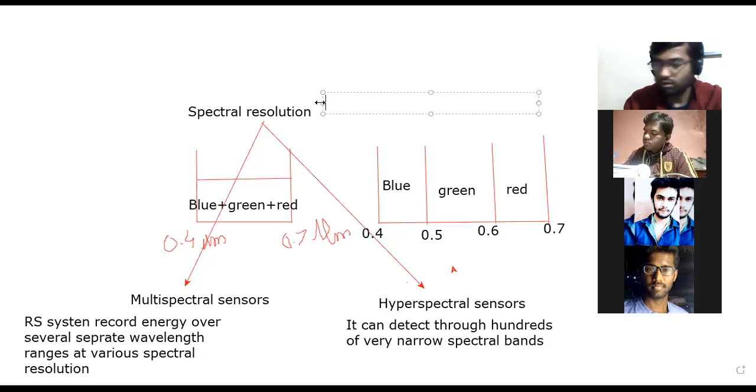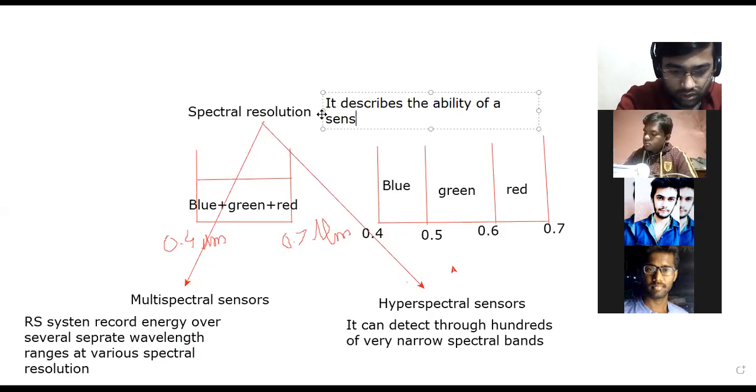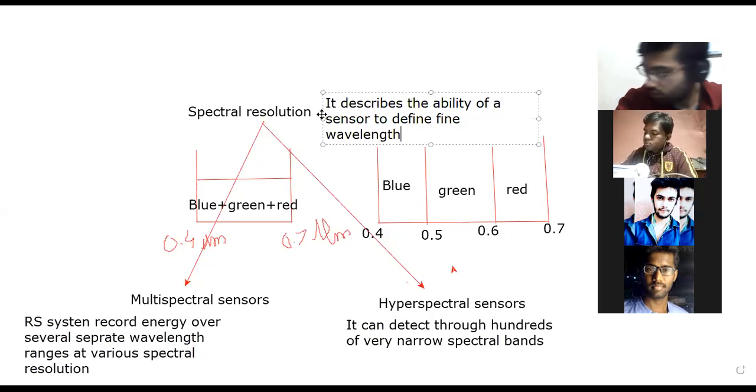Okay. Write one more line in spectral resolution. It describes the ability of a sensor to define wavelength intervals.